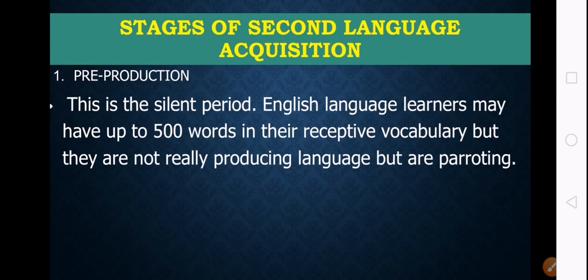So there are stages of second language acquisition. The first one is pre-production. When we say pre-production, this is the silent period. English language learners may have up to 500 words in their receptive vocabulary, but they are not really producing language but are parroting.